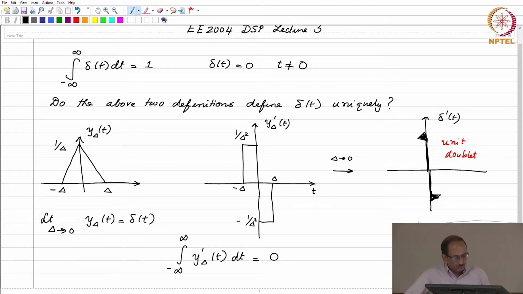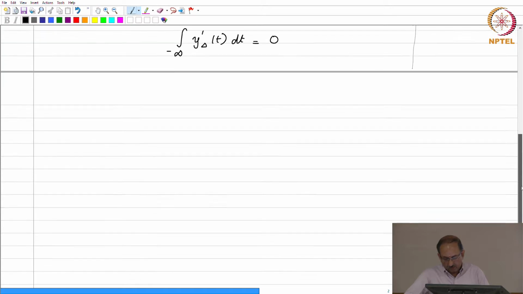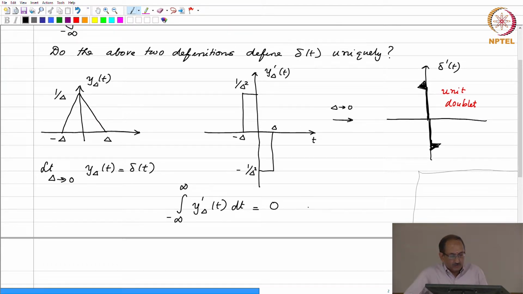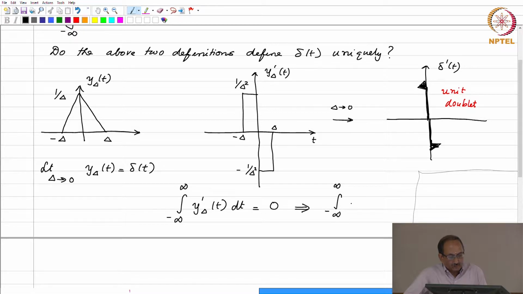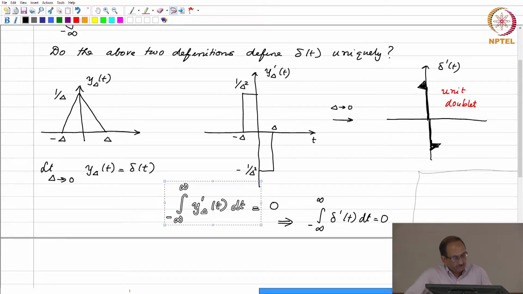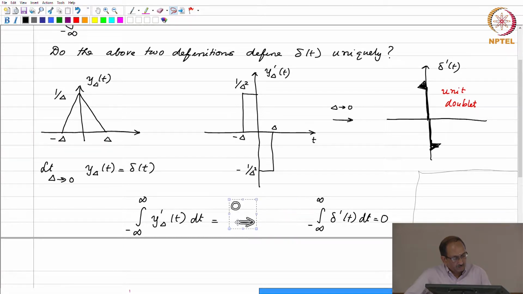And this seems to imply that this also is 0, based on the limiting ideas we have been used to in this context before. So at least this seems to suggest this.